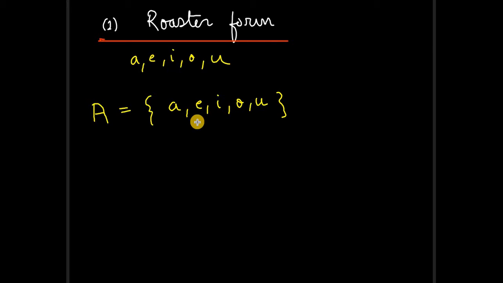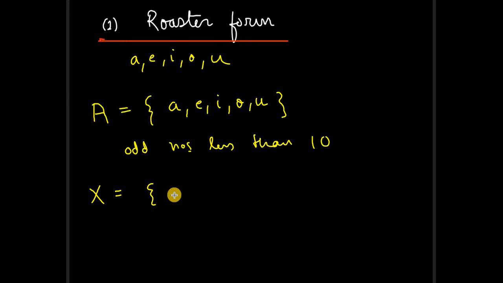Right. Let's take all the odd numbers less than 10. How can we write it? Let's say we take the name of the set as X, and we use curly braces, and the odd numbers less than 10 are 3, 5, 1 also, 7, 9.